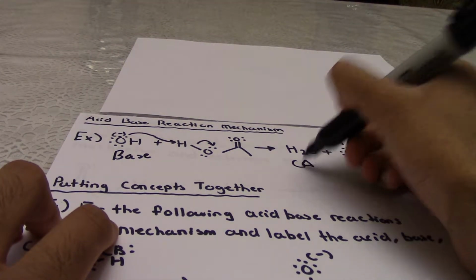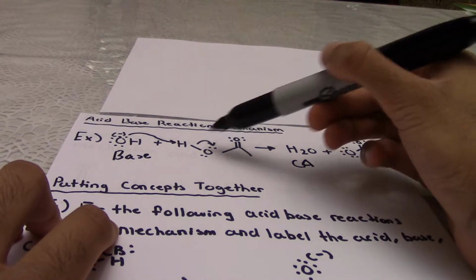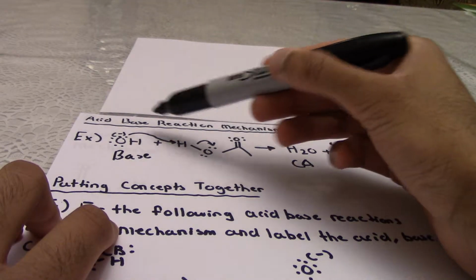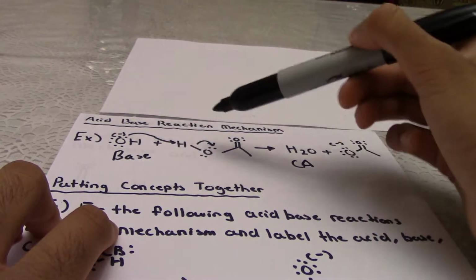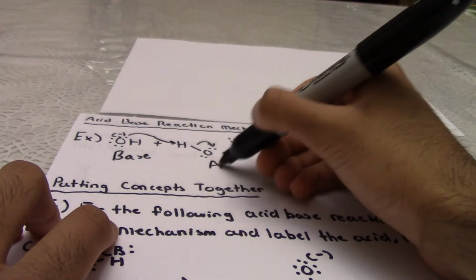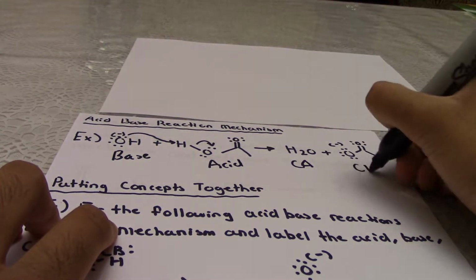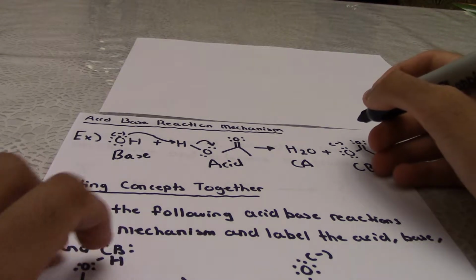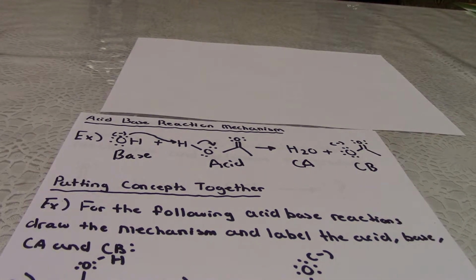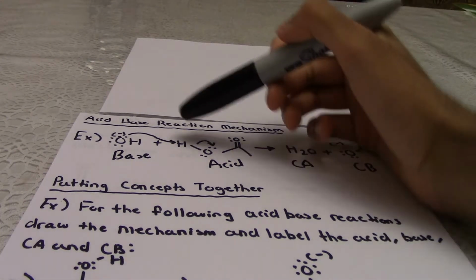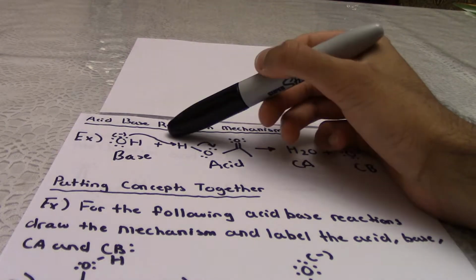And then automatically we know that this over here is going to become our acid, and this will be our conjugate base. Now what I'd particularly like to talk about is these curved arrows over here and why I have them specifically here.